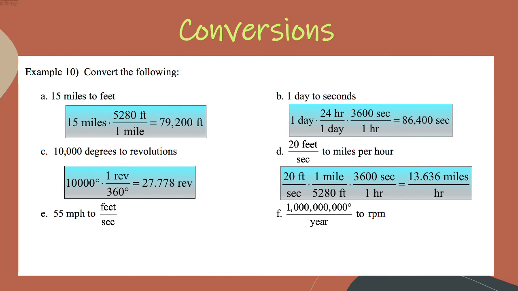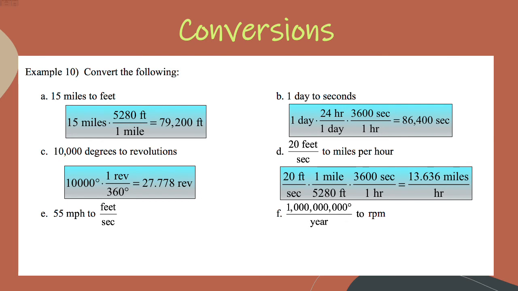D converts 20 feet per second to miles per hour. So we take our 20 feet per second, and first we will work with the distances, and we multiply by 1 mile over 5,280 feet, and the feet will cancel, and we're left with miles.